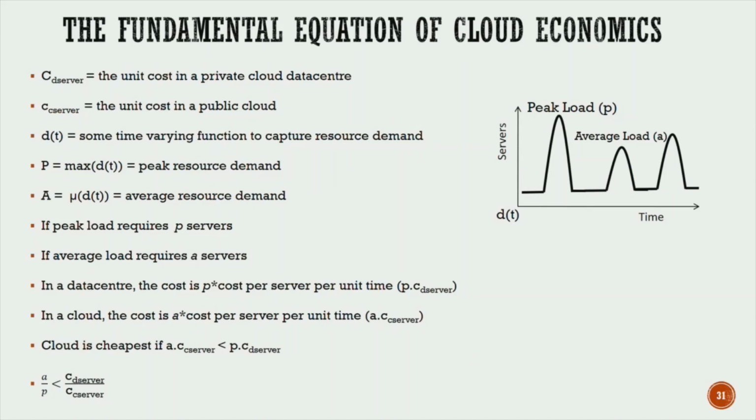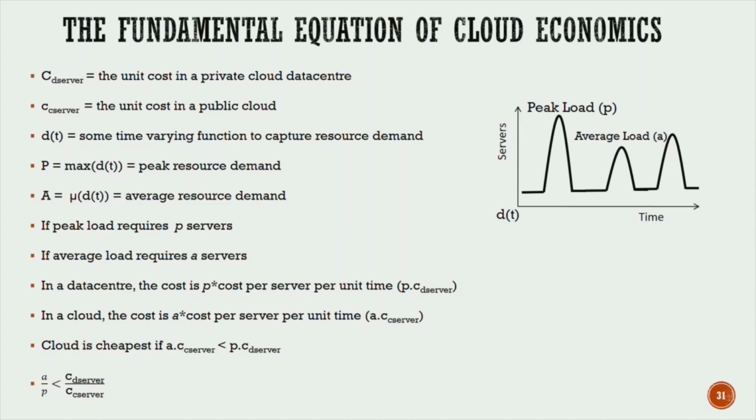So as you said, we use the cloud when the average load or the cloud cost is less than the peak load and the data center cost. You can use this equation to figure out when the cloud is cheapest and when the data center is cheapest. Of course, to lead to this decision, you first need to know how much it will cost per unit of time to set up your own blade servers that you buy from Dell or any other vendor, which will fit into CD server.